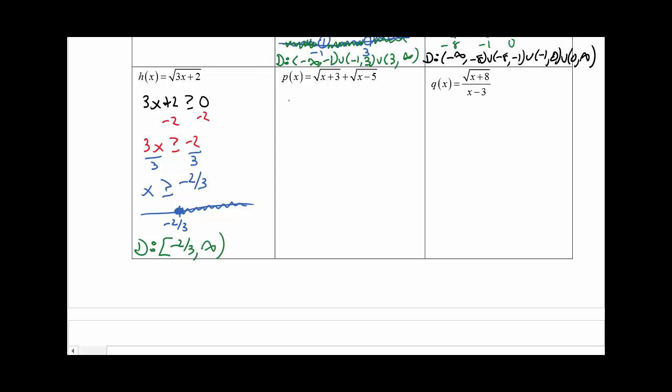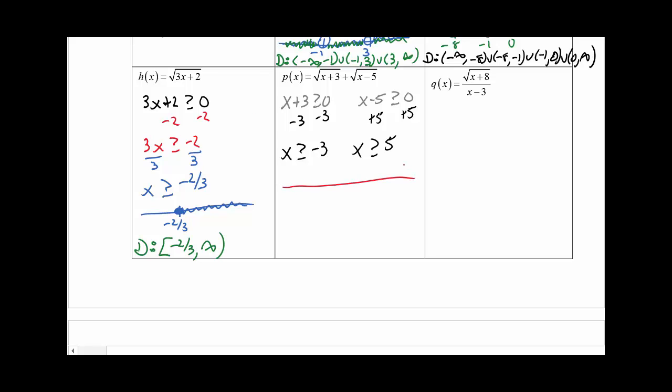So we'll start with the x plus 3. So set x plus 3 greater than or equal to 0. Here we got x minus 5 greater than or equal to 0. And then I'm just going to solve those individual inequalities. So here I'd subtract 3, here I'd add 5, and so I get that x is greater than or equal to negative 3, x is greater than or equal to 5.